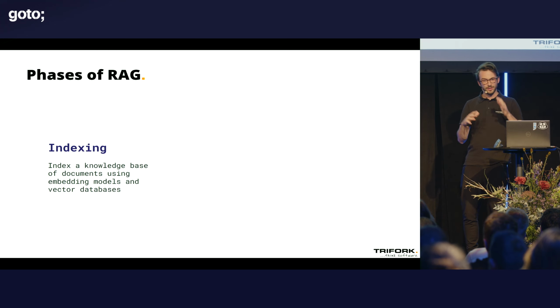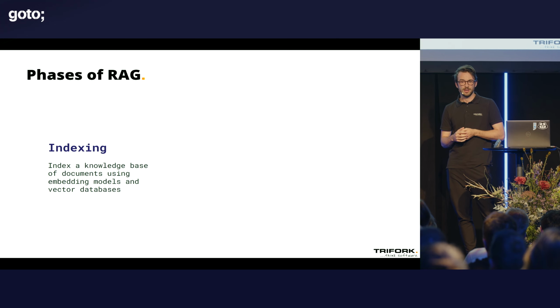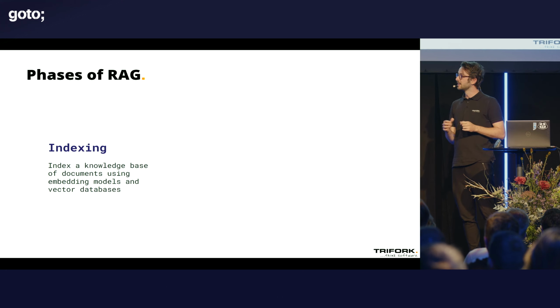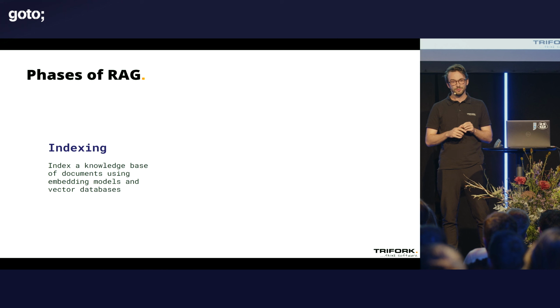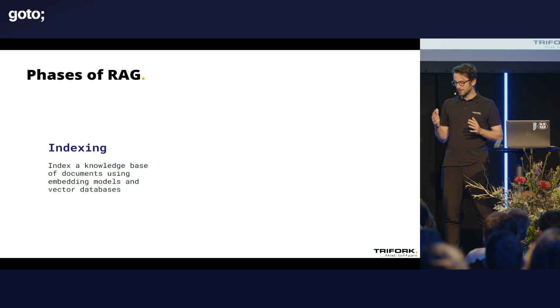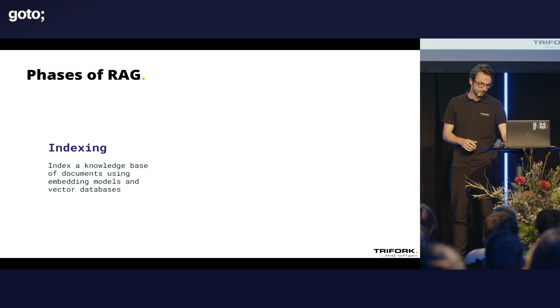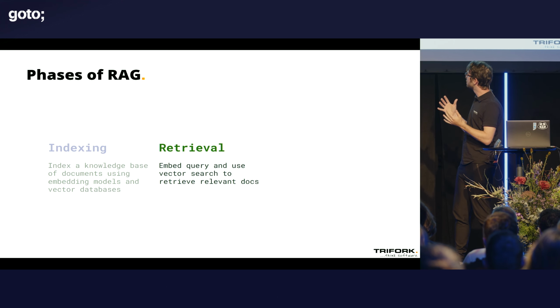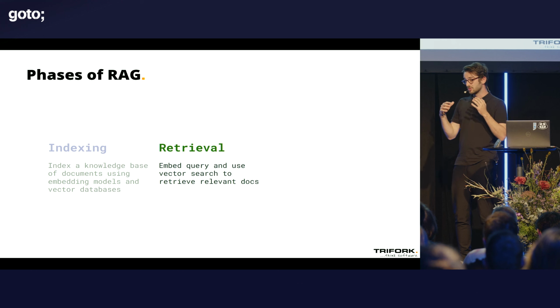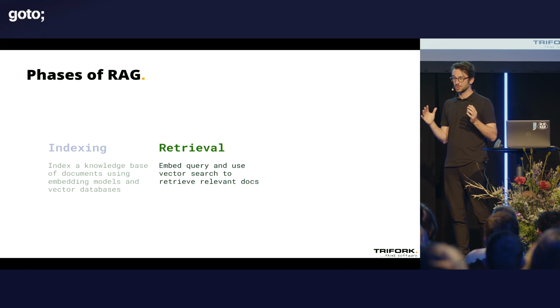So what are the phases of RAG? If you look at the literature, it's split into 3 phases. So first is the indexing phase. In this phase, you basically take a knowledge base and usually you would use embedding models and then embed these texts as chunks into a vector database. That's the indexing part. Then you have the retrieval phase where you embed the query, usually using the same embedding model you use to index your knowledge base.